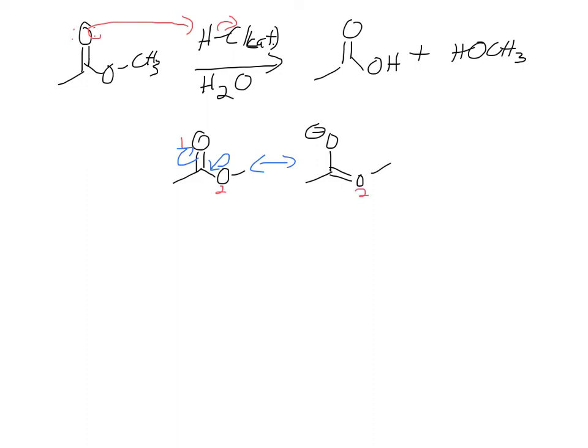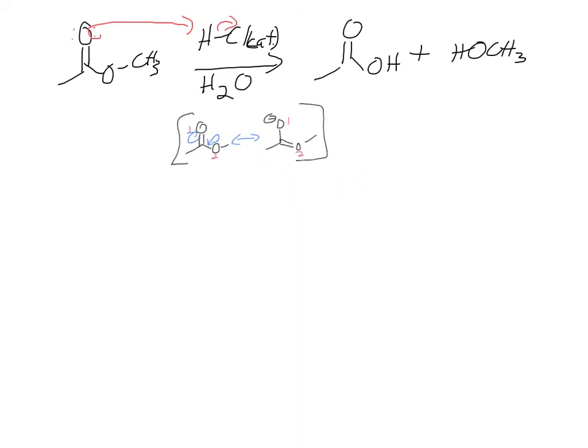So that's why oxygen 1 acts like the nucleophile in all these cases. And it will be that way in any of these resonance forms. So oxygen 1 will be the nucleophile first. It's a good side note to remember what's going on there. Okay, so the first step, we've protonated the oxygen.